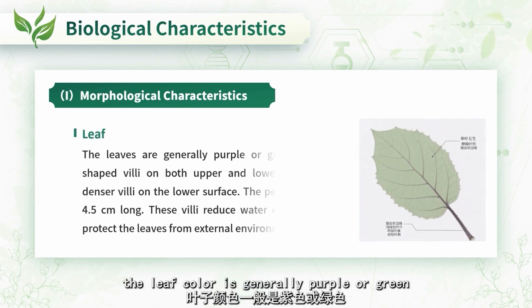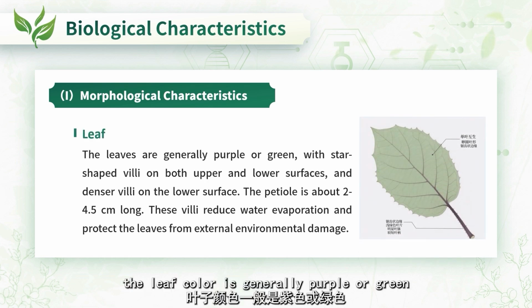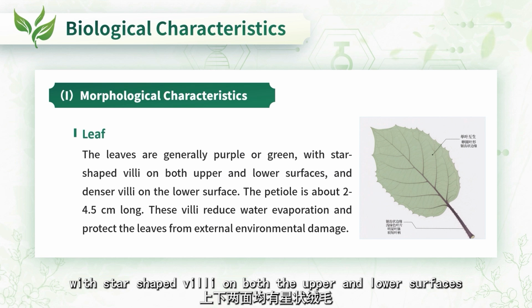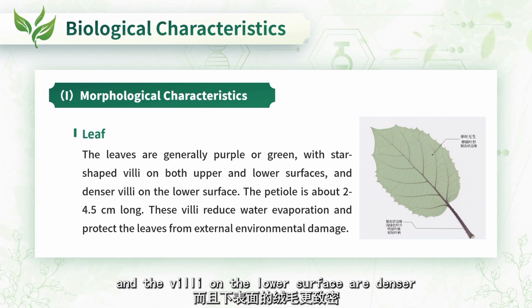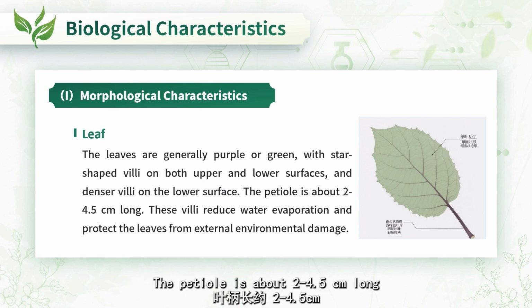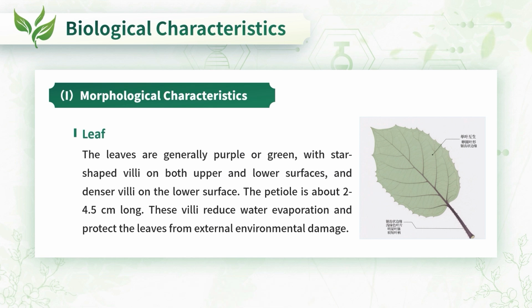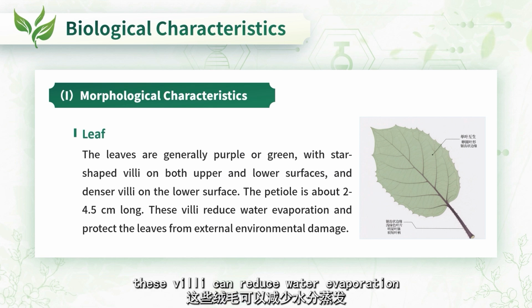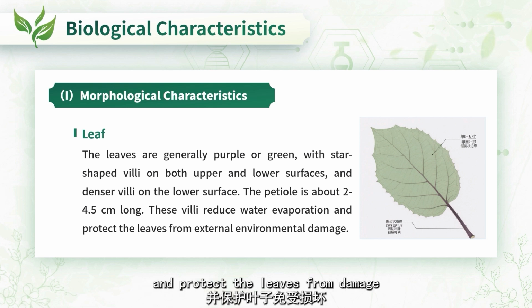The leaf color is generally purple or green with star-shaped villi on both the upper and lower surfaces, and the villi on the lower surface are denser. The petiole is about 4.5 cm long. These villi can reduce water evaporation and protect the leaves from damage by the external environment.